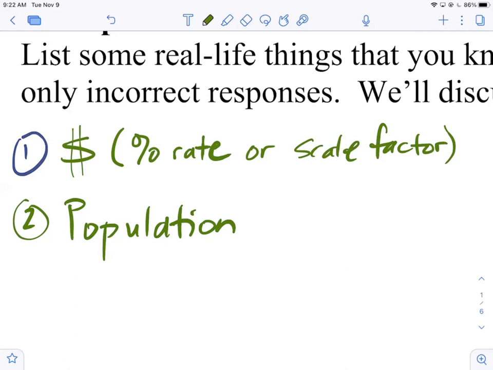Oh my gosh. Oh man, the pandemic, yes, is hurting us. Yeah, no, two becomes four, four becomes eight, eight becomes 16. What's happening to the population of cells every cycle? It's doubling. If something doubles at regular intervals, that's exponential, right? Yeah. So populations for sure, absolutely. Those are kind of like the two biggest ones. Money and population, people, right?